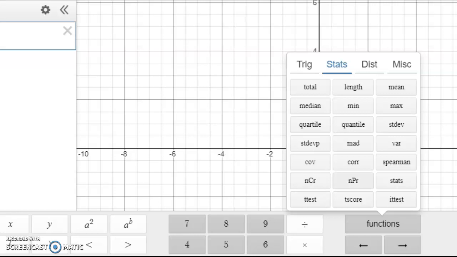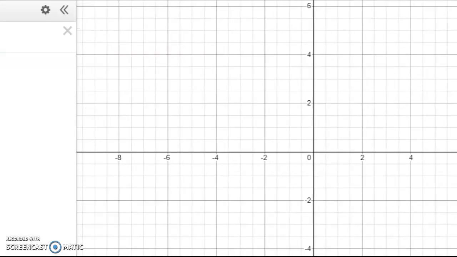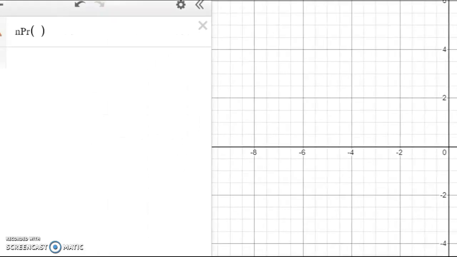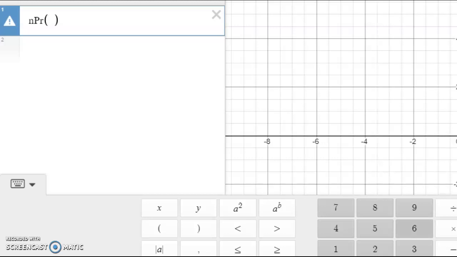NCR and NPR. NPR is your permutation. You'll hit that before you put in any numbers. But once you put it in, you then put in the number and then however many you're doing it with.